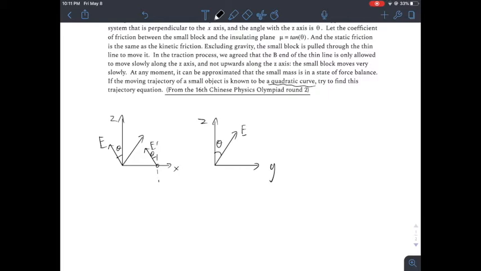So if we lay out E between z and y, we can cut that cross section, and we have z and y. Then we know the force acting on the block in the y direction has to be negative EQ times sine theta. And the force in the z direction, let's switch that. Oh, I want to switch back. I did it right. So in the z direction it will be negative EQ times cosine theta.